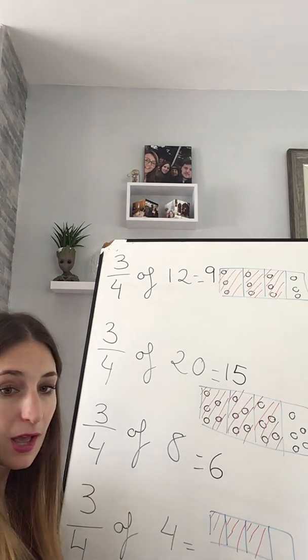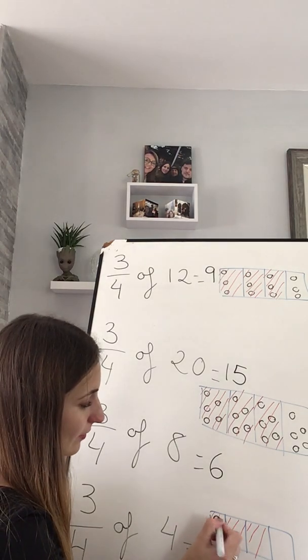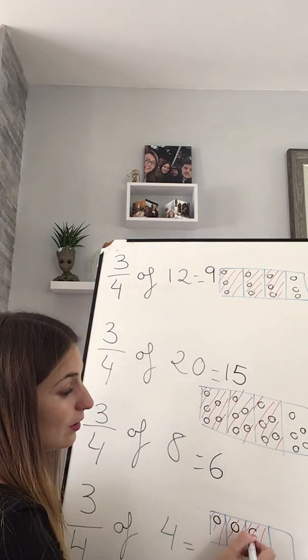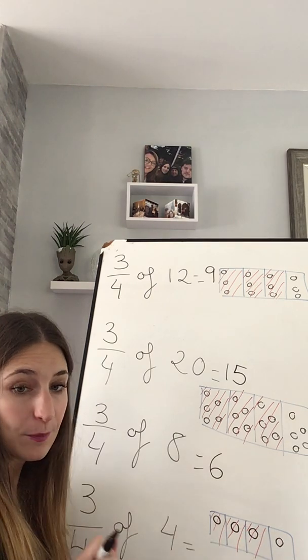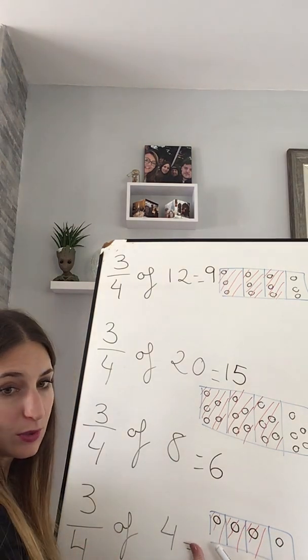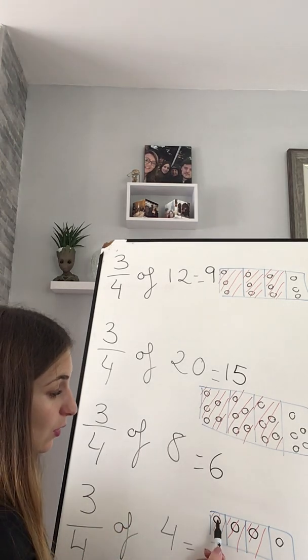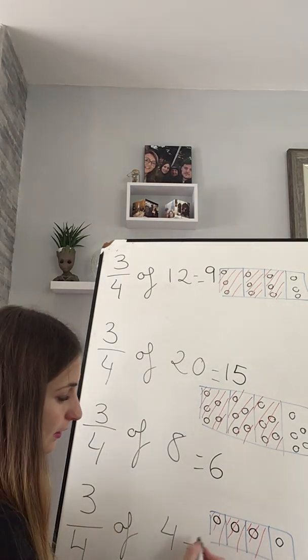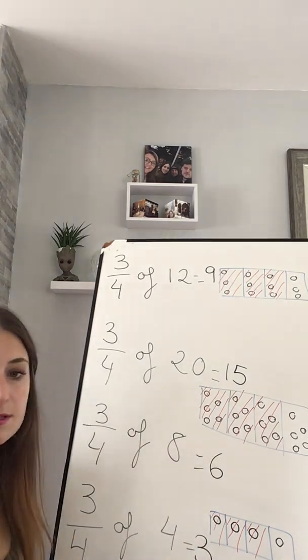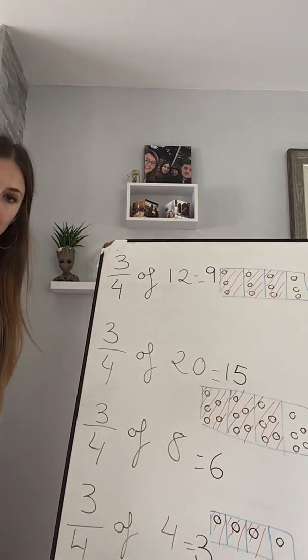Okay, get ready to count. 1, 2, 3, 4. Stop. I have 4 in total. How many is 3/4 of them? 1, 2, and 3. So 3/4 of 4 is 3.